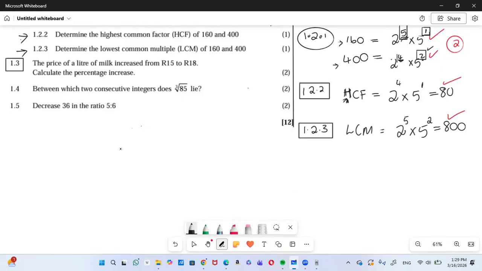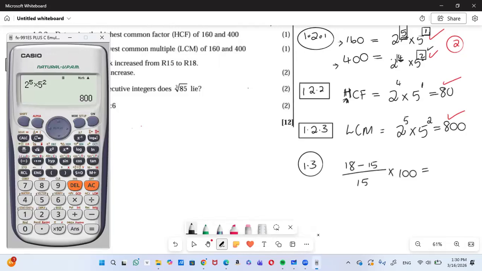Calculate the percentage increase. So now what we do for this one is that we say the new price, which is 18 rand, we minus it by the old price. And then we divide it by the old price, and then we multiply that by 100. So we can see how much that money is, I mean, the percentage that we have.